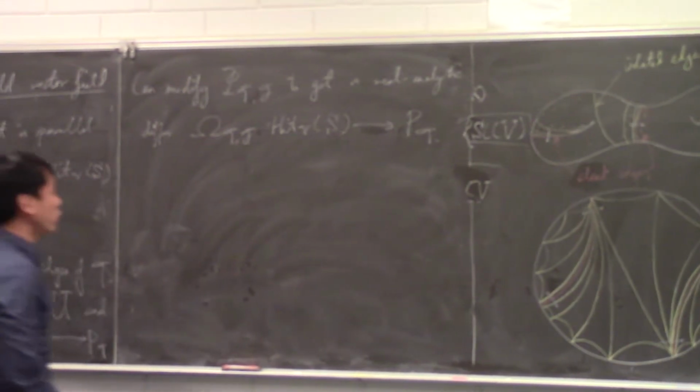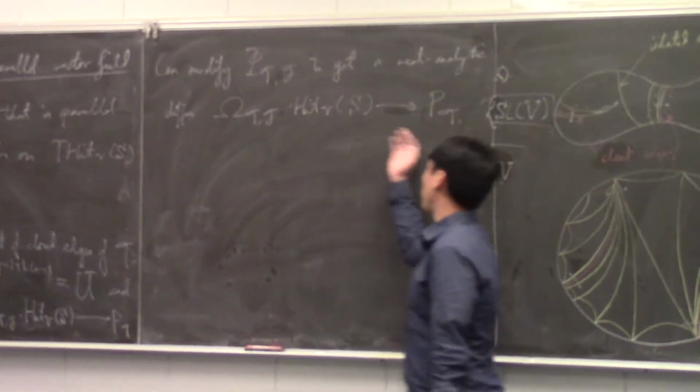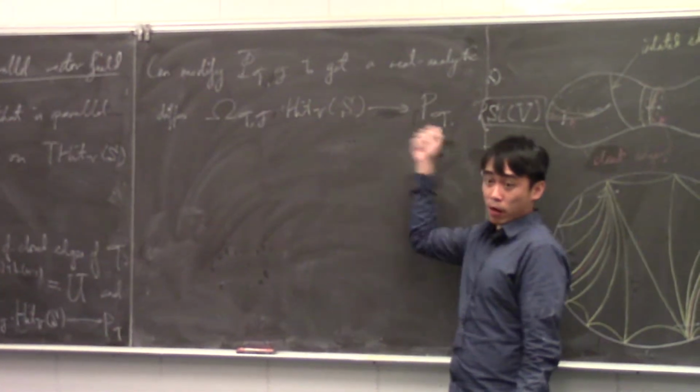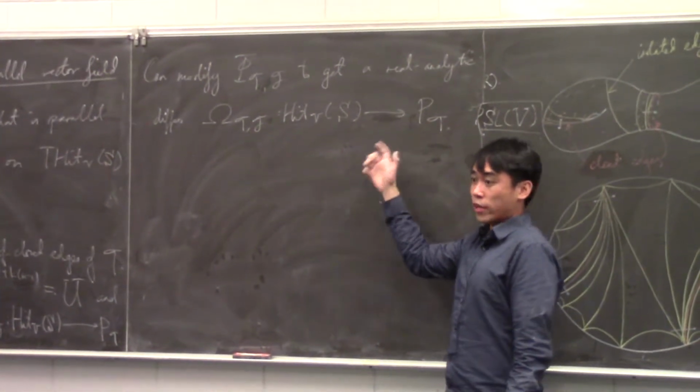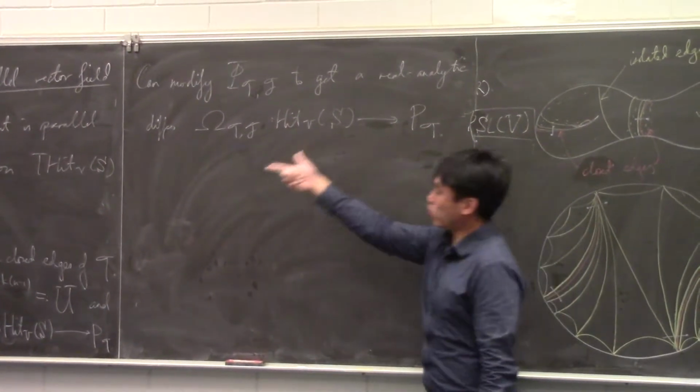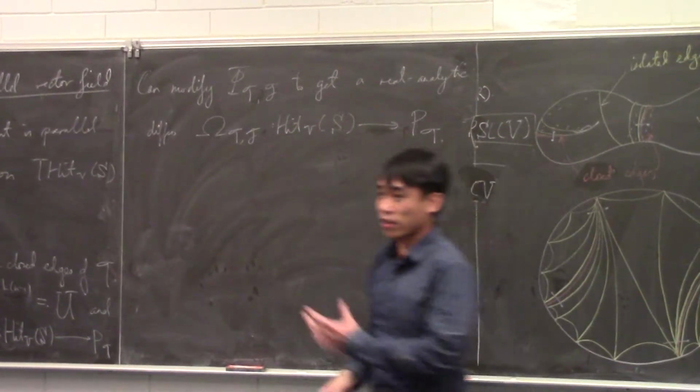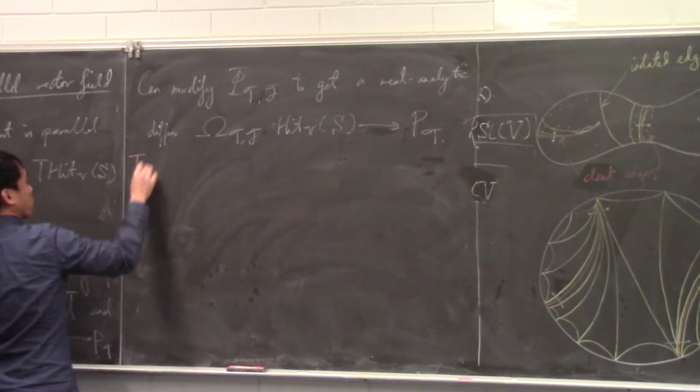So here I'm giving you another parameterization of the Hitchin component by the same convex polytope, but the parameterization map is different. Again, the reason I want to change phi Tj to omega Tj is so that the following theorem is true.